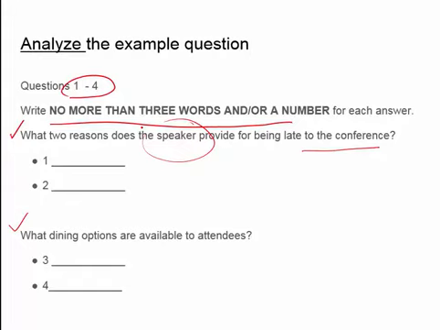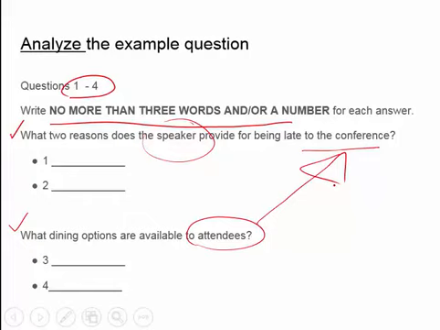Okay, so we know at the beginning of this passage, a speaker is going to be expressing some reasons for why he's late. Later then, they're going to be discussing dining options to attendees. Well, attendees are people who might be at a conference. So we're still on the subject of conferences, and they're discussing where to eat.